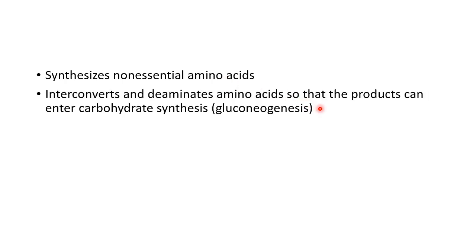Yan. So the liver interconverts and deaminates, tatanggalan niya ng amino group, yung mga amino acids, so that the alpha keto acid or the carbon skeleton of the amino acid remains. And so that carbon skeleton of the amino acid, the alpha keto acid portion, will be used as a substrate for gluconeogenesis.